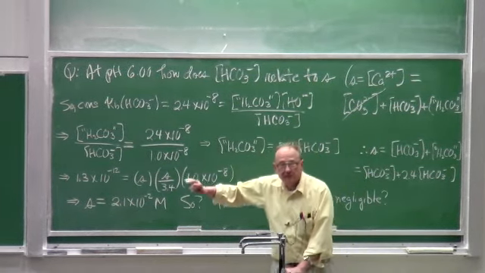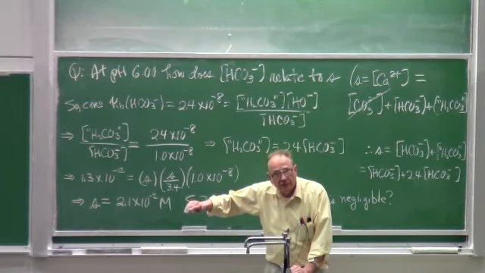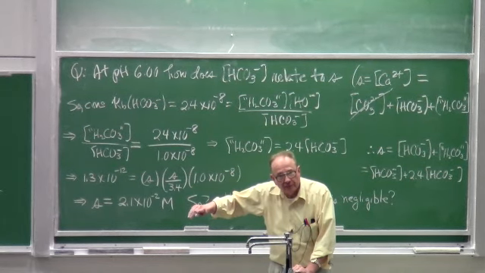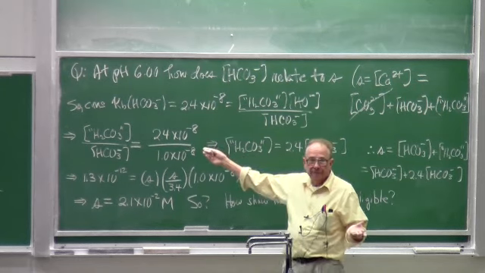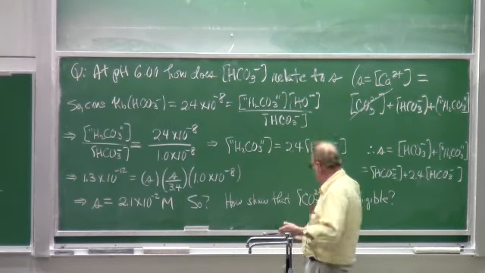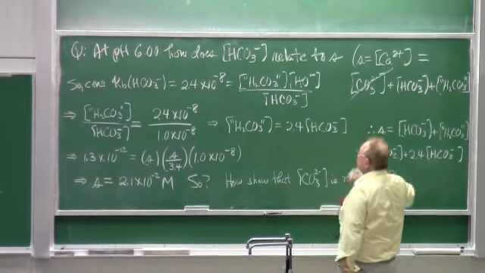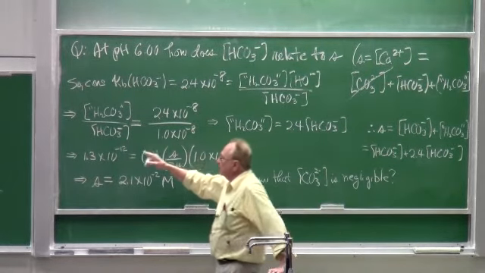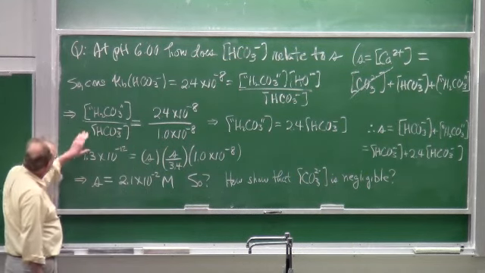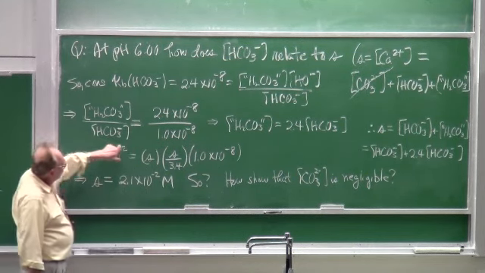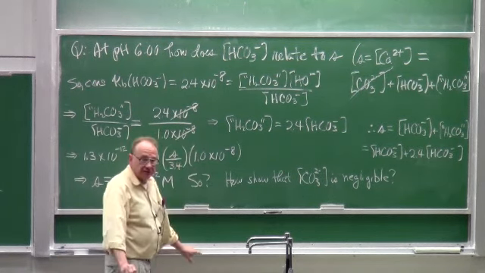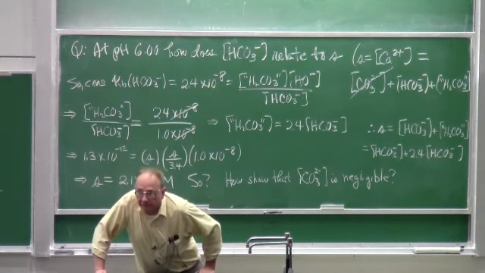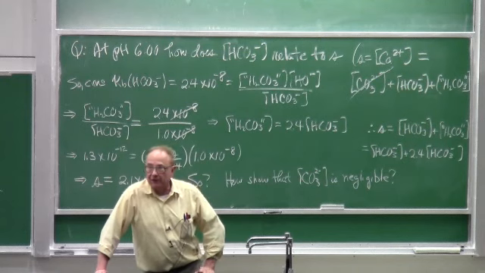So what we need is an equilibrium consideration which interrelates, as a function of pH, the molarities of H2CO3 to bicarb. So I took Kb bicarb. I could take Ka of H2CO3, either one. Here it is. I write it as a concentration ratio of hydrated CO2 to bicarb and find out that at pH 6, the predominant carbonate containing stuff in the pot is hydrated CO2, no longer carbonate ion.